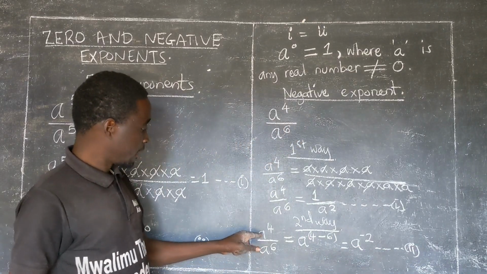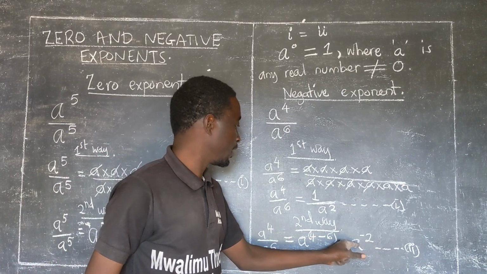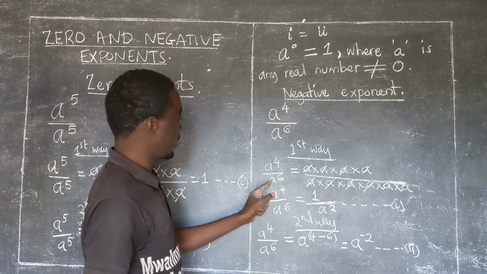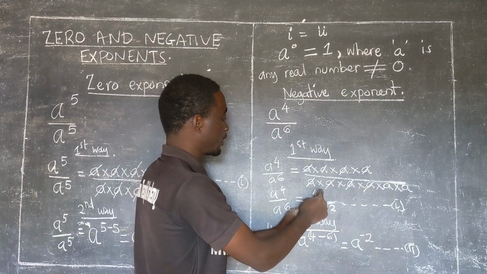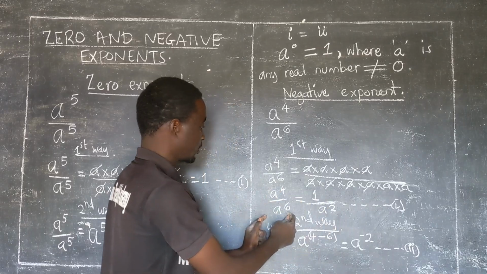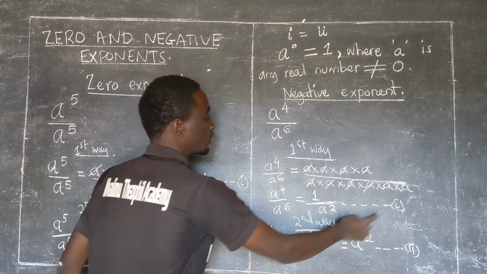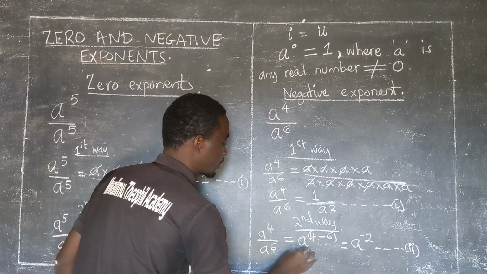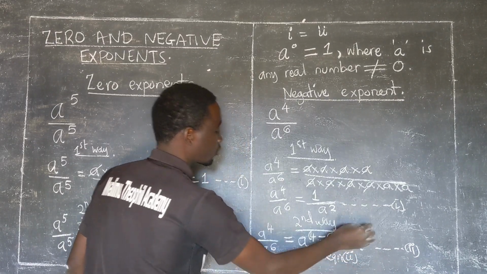Again, here a raised to 4 divided by a raised to 6, the answer is equal to a raised to negative 2. Again, in the same question, a raised to 4 divided by a raised to 6 gives us 1 over a raised to 2. So it means that equation 1 is equal to equation 2, so we may equate them.